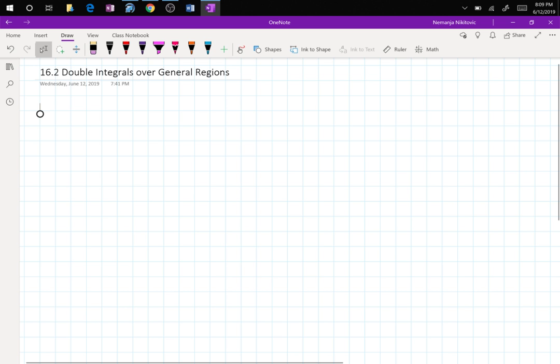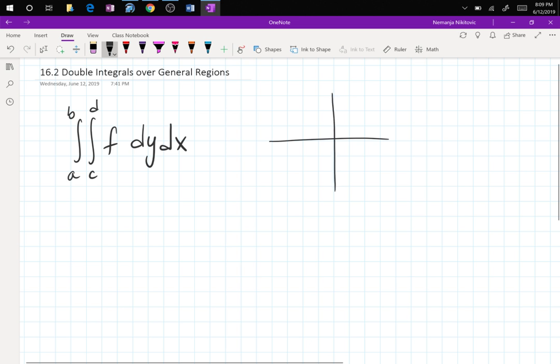So the double integral from last time was, let's say, from a to b and then c to d of some function f dy dx, and it had a domain in the x, y plane. So it had this here as a, but this line is x equals a.